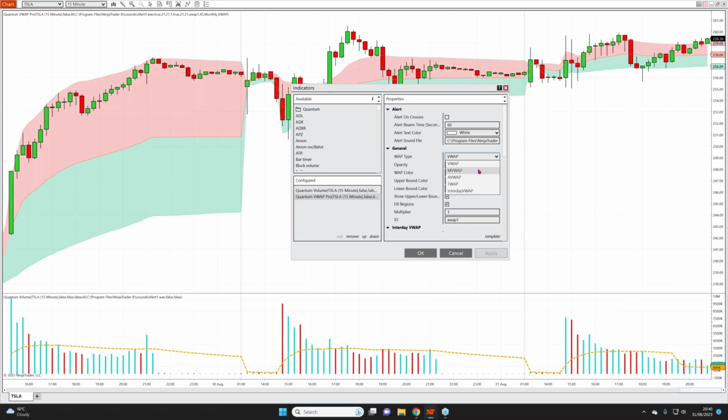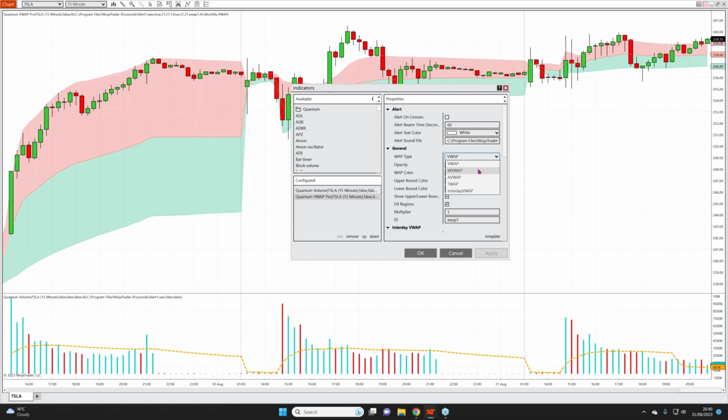And I have to say, I like using it particularly because when you go through the start of a session, the VWAP at the start there is very tight to the price action, and it's quite difficult at times to see where we are in the context of the upper and lower envelopes.